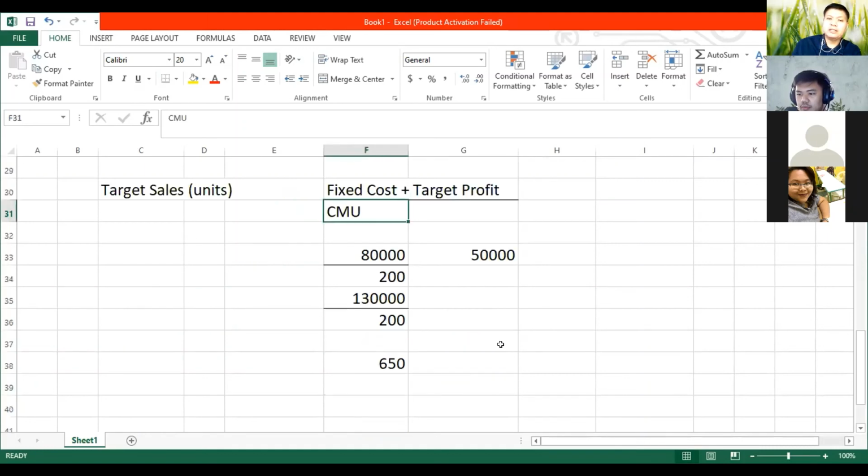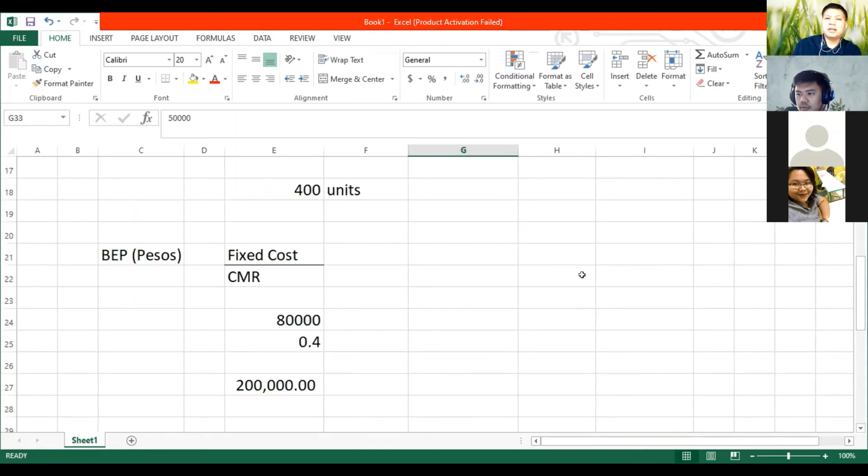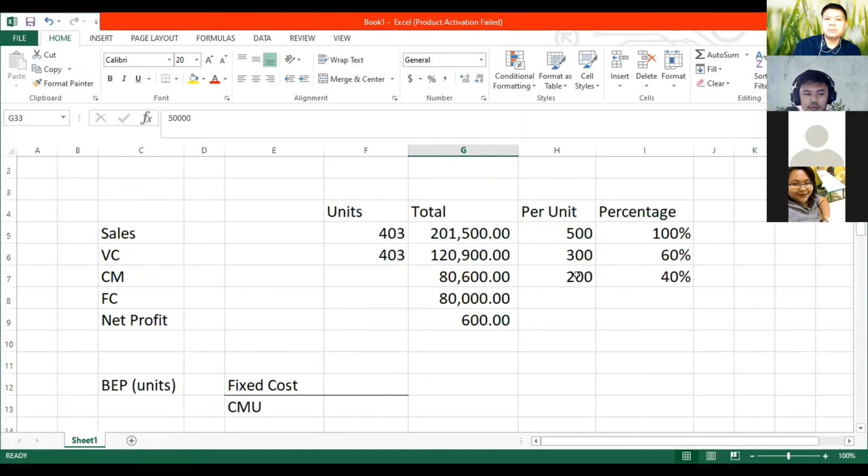Can we prove that I will earn a target profit of 50,000? Okay, let's make this 650. So tama ba? If I make this 650, I will get a net profit of 50,000.